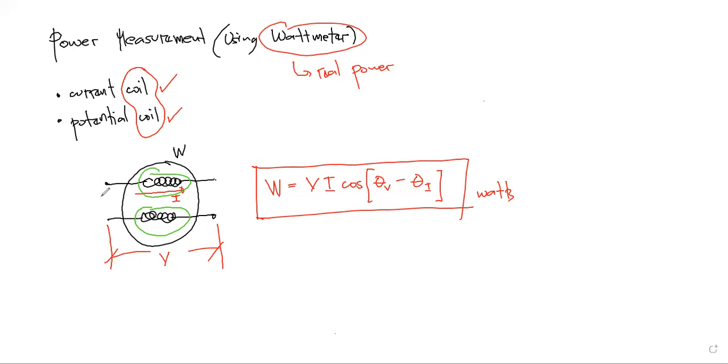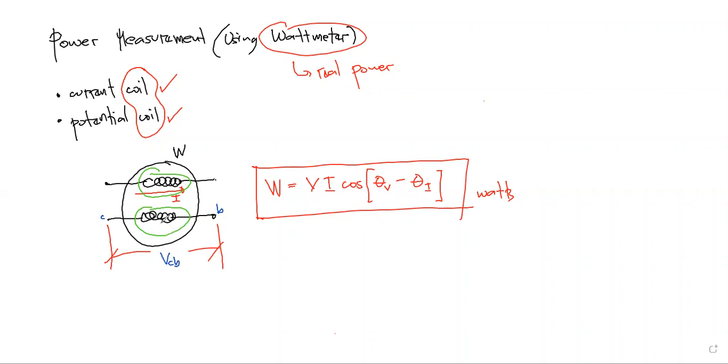For example, in the potential coil, say this is connected to line A and this is connected to line B. The voltage notation must be VAB, that is, from A to B. Let's say this is connected to line C and this is connected to line B, then the voltage here must be VCB.